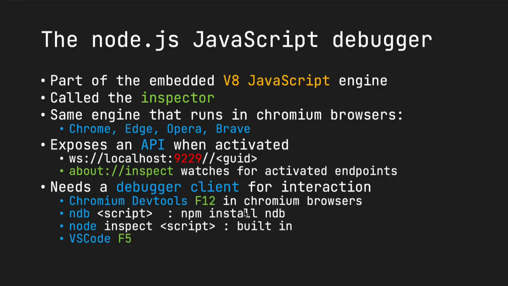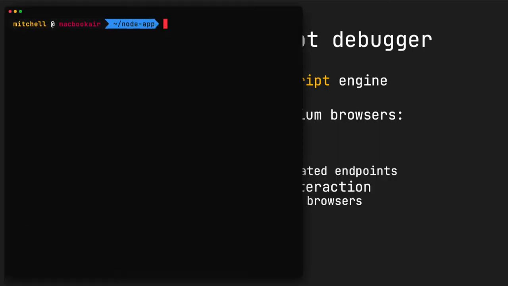So that's the VS Code debugger client. It helps to get the terminology right here because, for example, the word inspect is used in such an overloaded way. We've covered node inspect as a flag. We've covered node inspect as a module, think of it as a command.